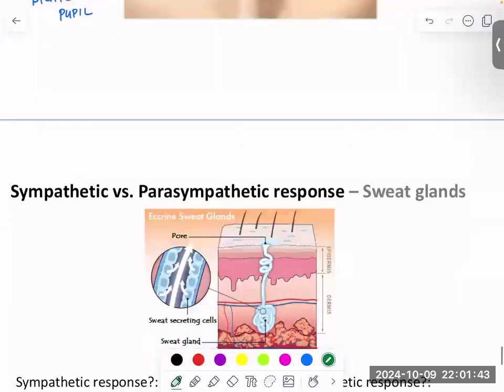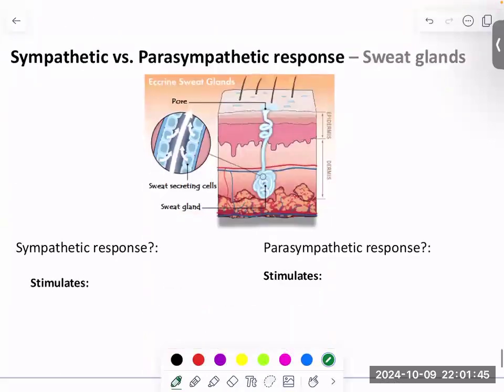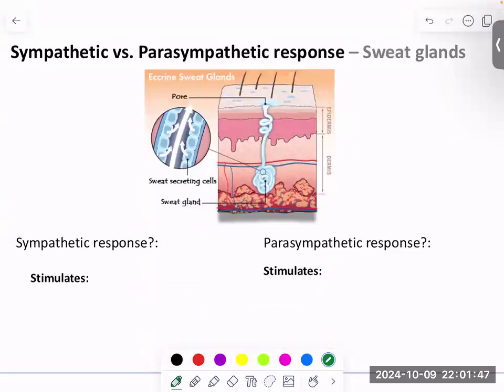The sweat glands. These are the ones to cool you off, okay? Specifically the ones to cool you off. The sympathetic division, fight or flight, rest and digest? Fight or flight. What is the neurotransmitter?